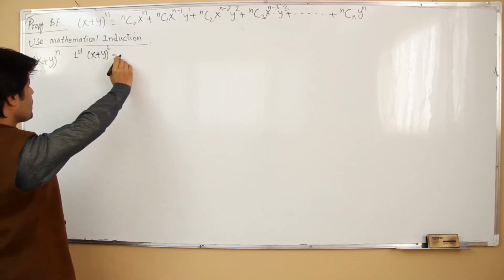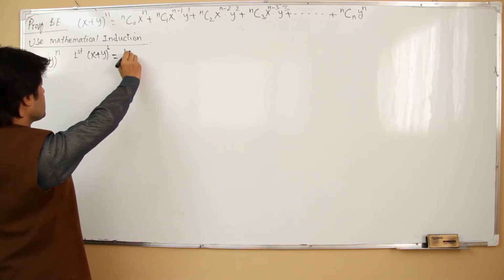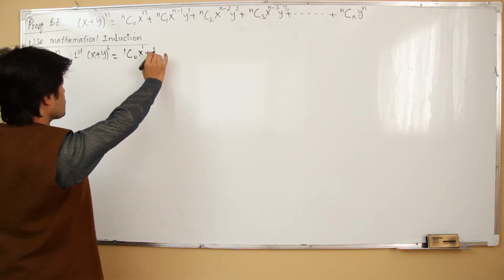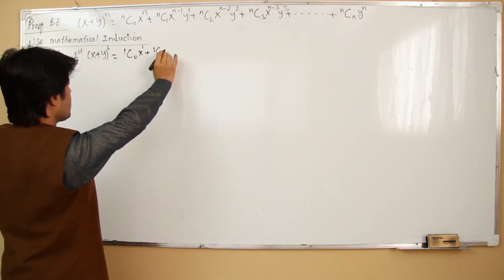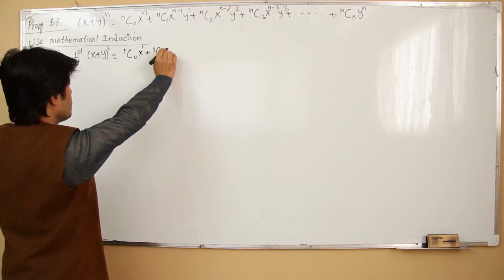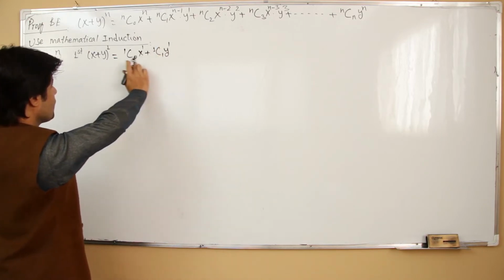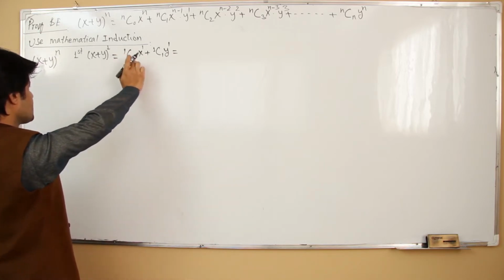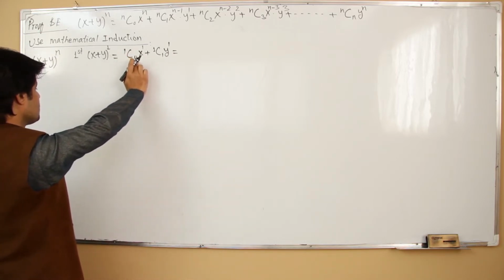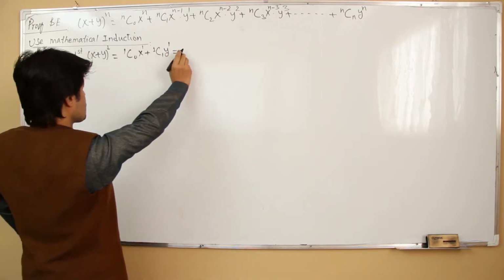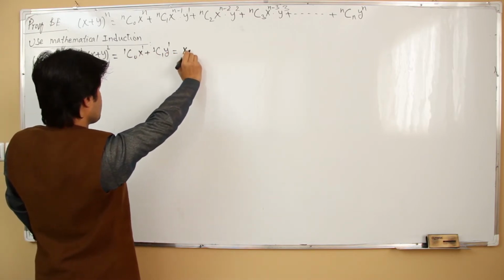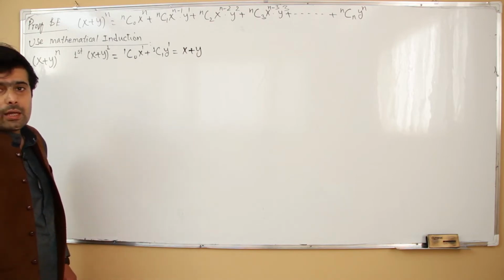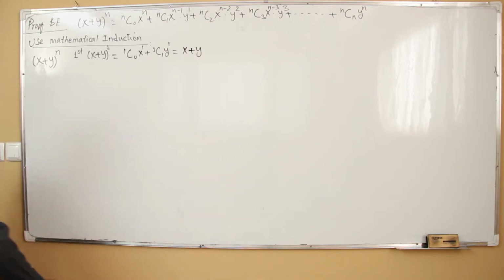For 1, we have 1c0 x to the power 1 plus 1c1 x to the power 0 y to the power 1. Now if you put instead of 1c0, the combination, the result of this one, it is 1, I mean x to the power 1 plus y to the power 1. Is it correct? Yes.